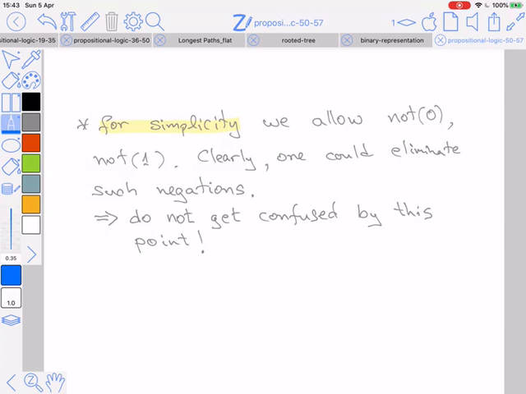Again, I want to emphasize that in the definition of negation normal form, one could disallow not of 0 and not of 1, because you could always replace a not of 0 with a 1 and a not of 1 with a 0. But for simplicity, we do allow not of 0 and not of 1, and do not get confused by this somewhat not interesting point.